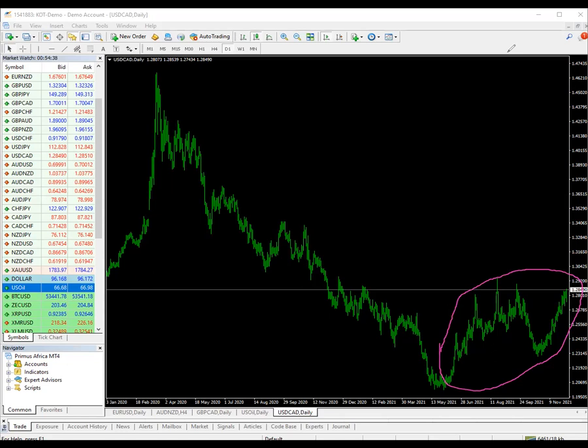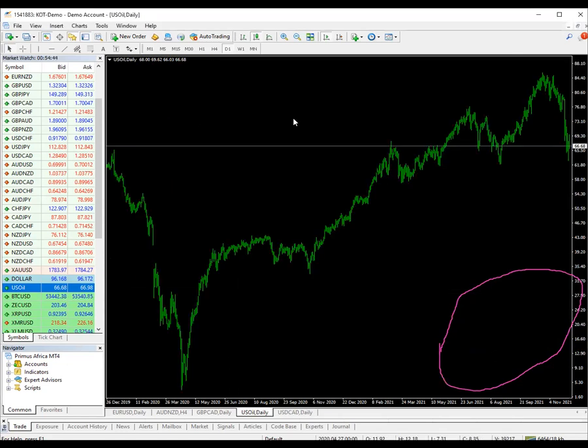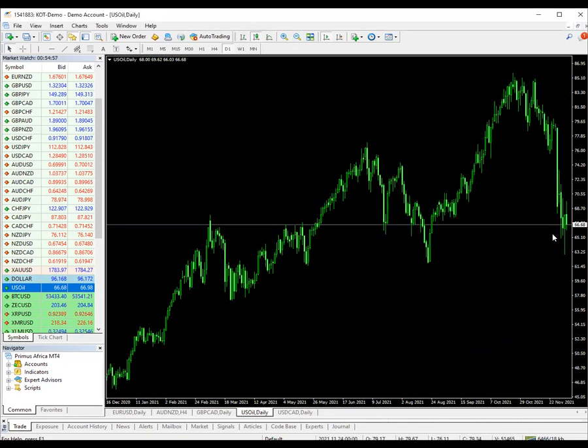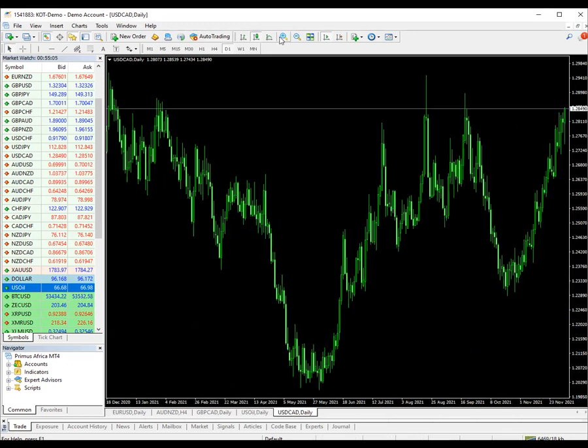So let's look at crude oil. What is happening with crude oil? You see, the crude oil is also beginning to fall. Look at it. So whilst crude oil is beginning to fall here, USD CAD is also beginning to rise. You see it?